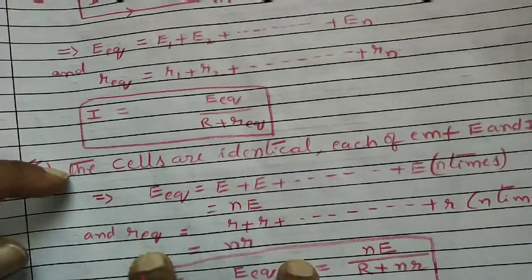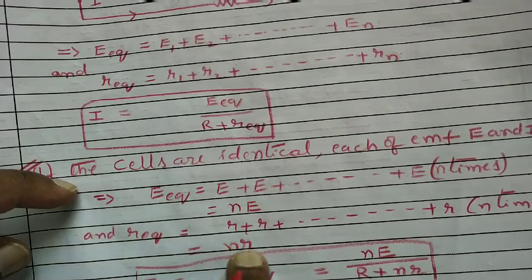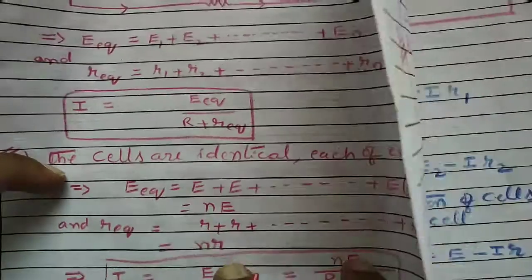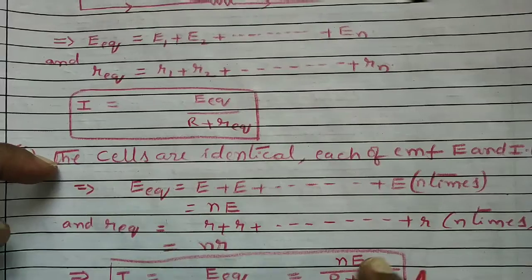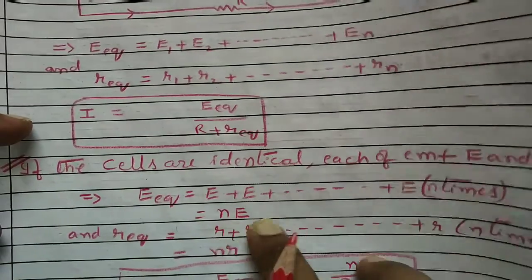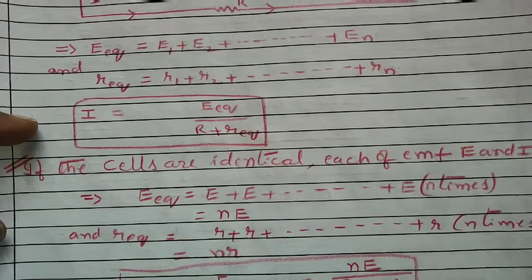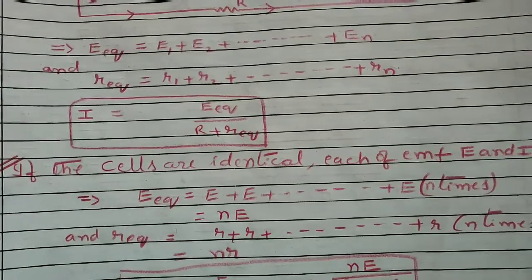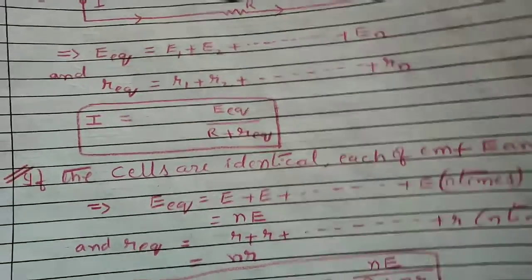That means equivalent internal resistance is n times the internal resistance of each cell. So current is equal to E equivalent by R plus R equivalent, that is nE by R plus nr. In that way I is equal to nE by R plus nr.